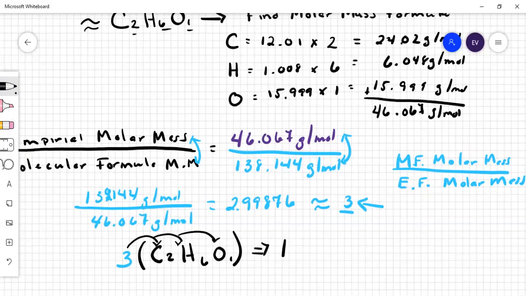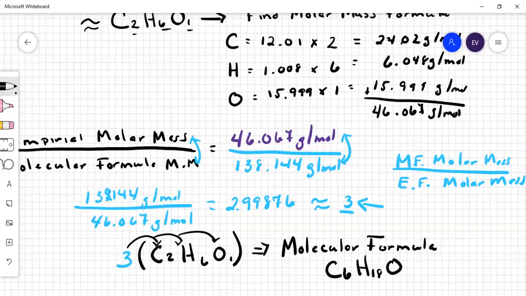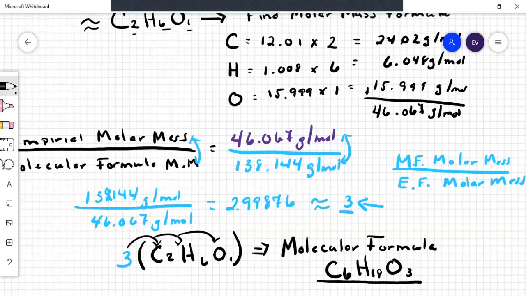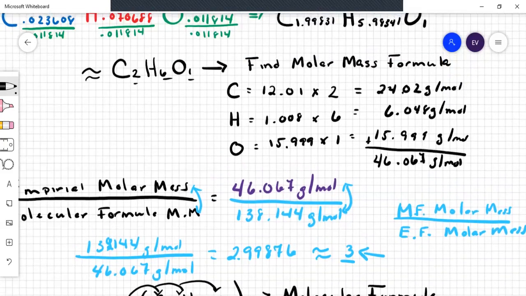Therefore, the molecular formula is going to be C6H18O3. And there's your answer. The molecular formula is C6H18O3, and your empirical formula is C2H6O1.